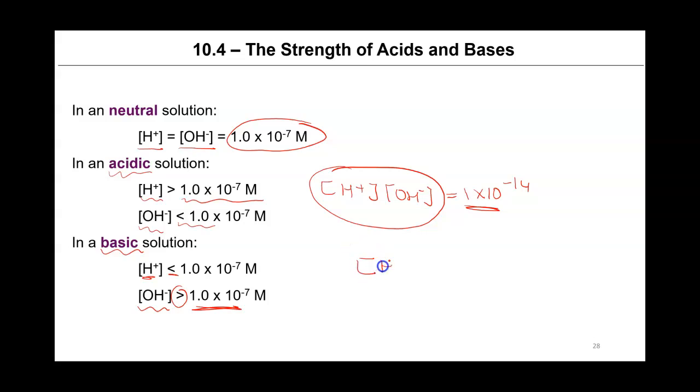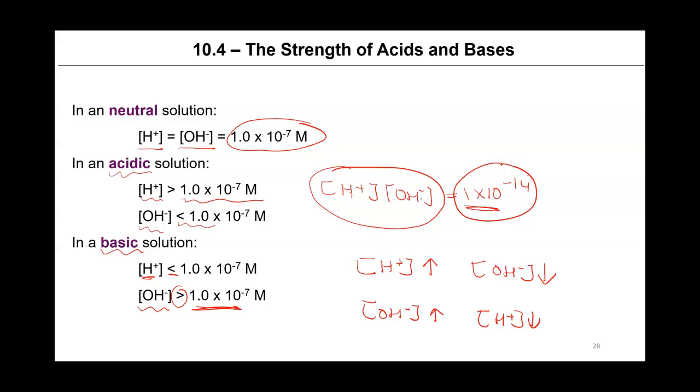So what we're really saying is that if H plus concentration goes up, hydroxide ion concentration must go down, and if hydroxide ion concentration goes up, you guessed it, hydrogen ion concentration must go down. The reason being, when you multiply the two concentrations together, they always have to equal 1 by 10 to the minus 14.